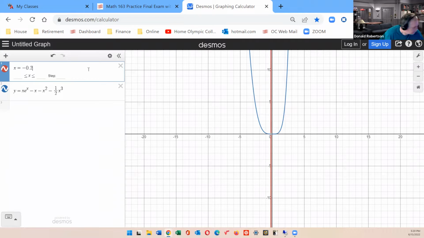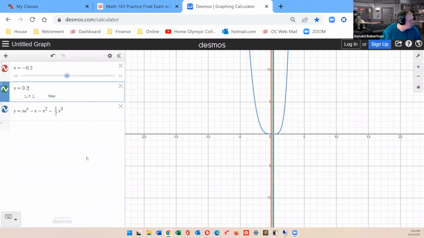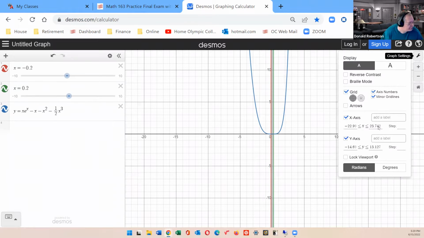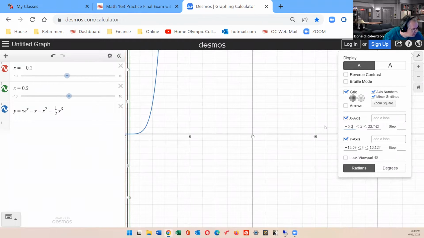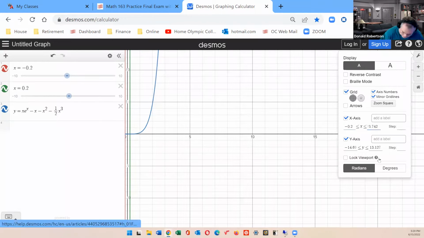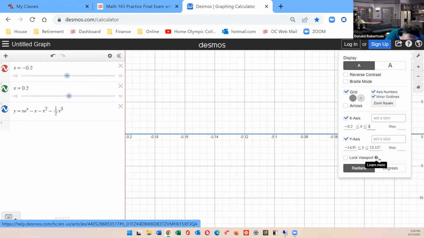I guess I can put an enter here and do x equals 0.2. That'll work. If I go over here, I should be able to change the x value, and basically just trying to get a window that I can work with. So there's -0.2, and at this extreme, I have a 0.2.